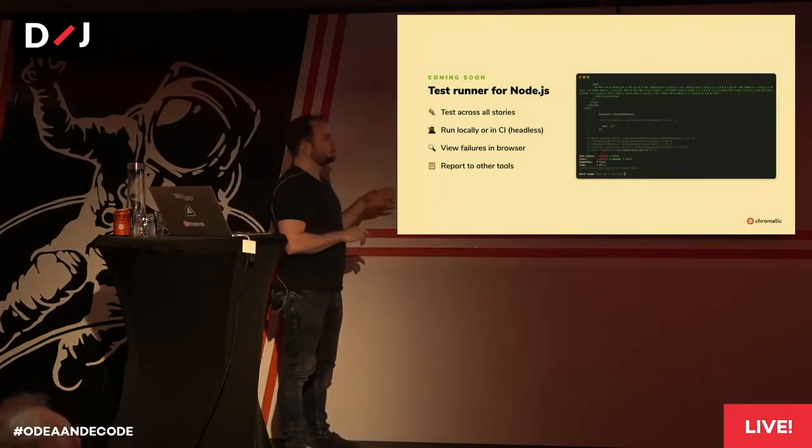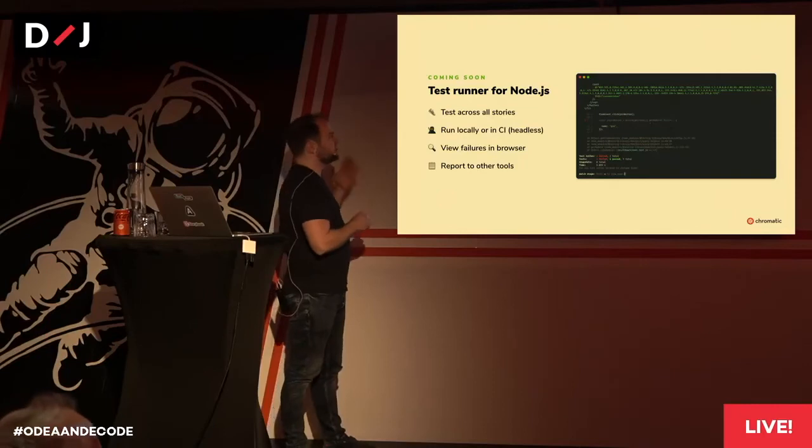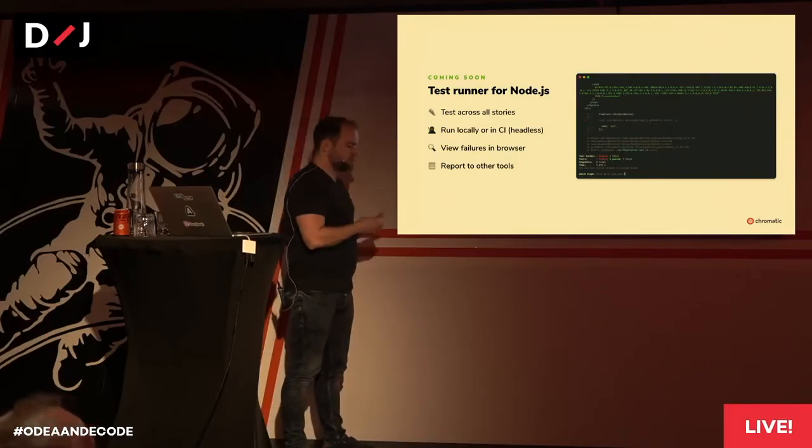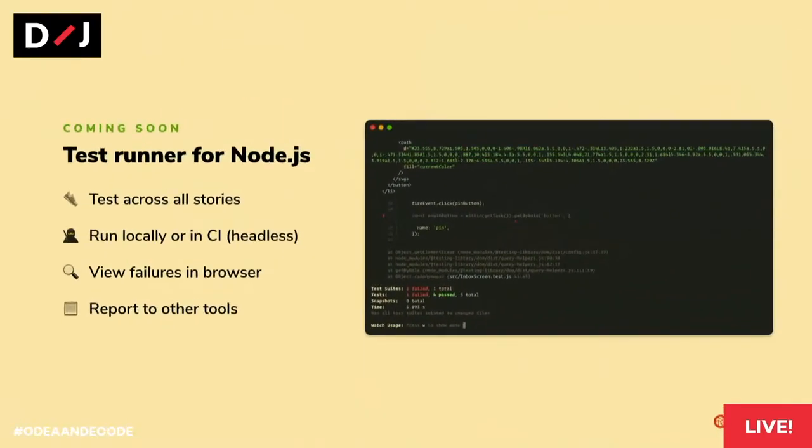So coming soon, as I mentioned before, is this test runner for Node.js. Because obviously you don't just want to run tests in your browser alone, right? You want to develop those tests in your browser, be able to debug them, etc. But of course, the functionality of tests is that you run them continuously in an integration system before you push to production.